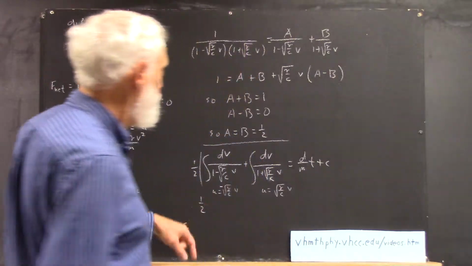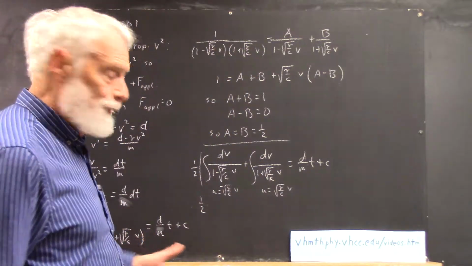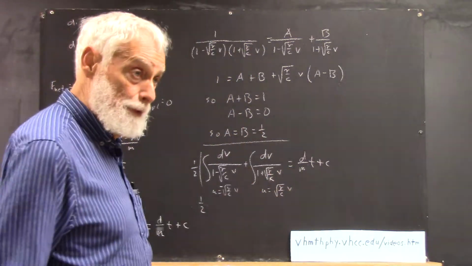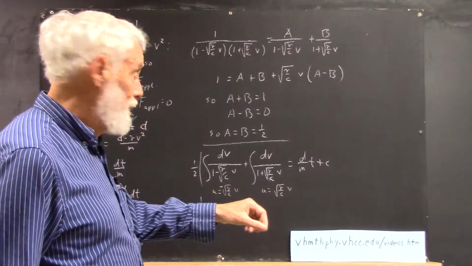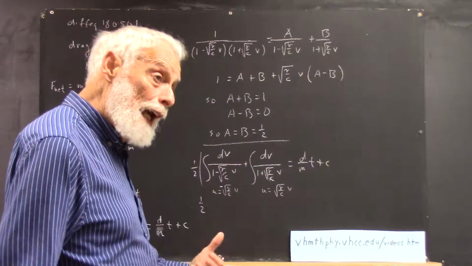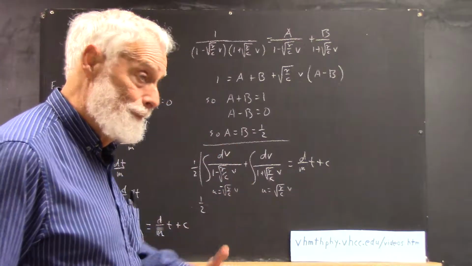Then du is going to be a negative square root of gamma over C dv, right? Which means that dv is going to be a negative square root of C over gamma times dU, right?